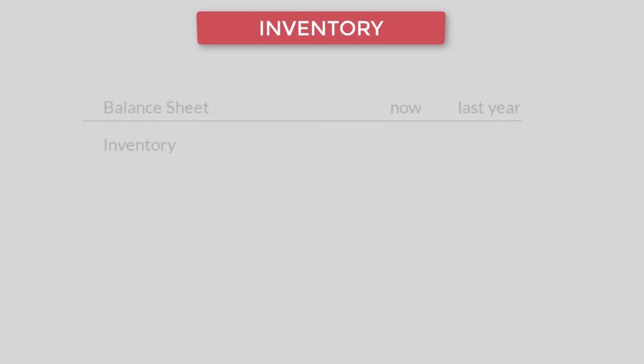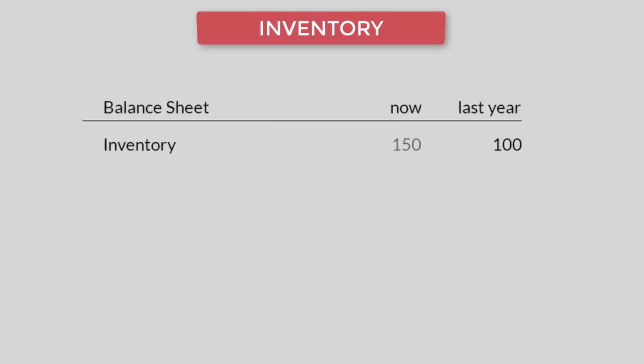First, inventory. Let's say at the end of last year, your inventory value in the balance sheet was 100 and now it's 150. It increased by 50, which means you're keeping more inventory in stock. And you had to pay for this increased inventory, so more cash was leaving the business.